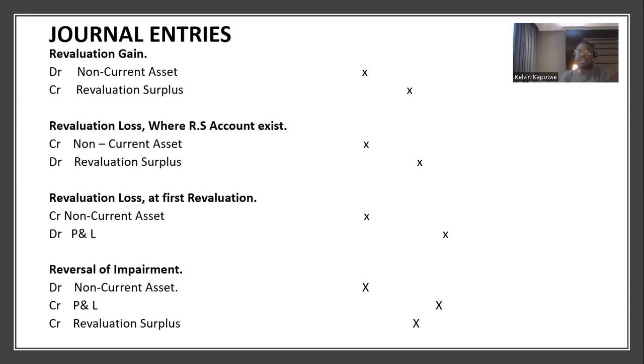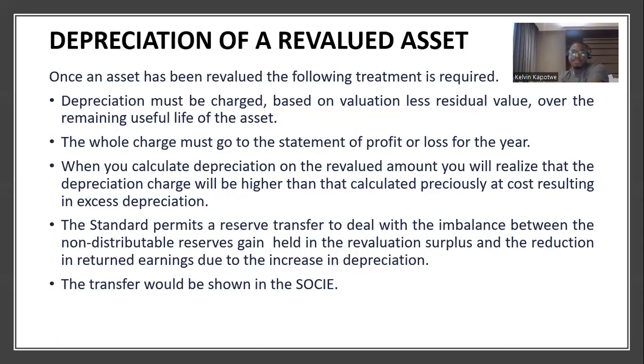So if you are revaluing the asset for the first time, those are your entries: credit non-current asset and debit P&L if you have a loss there. And then reversal of impairment is debit non-current asset, credit P&L, and credit revaluation surplus with that 5,000, or the difference, I mean the loss that was posted to the P&L initially. Okay, so once you do that, your equation should actually balance.